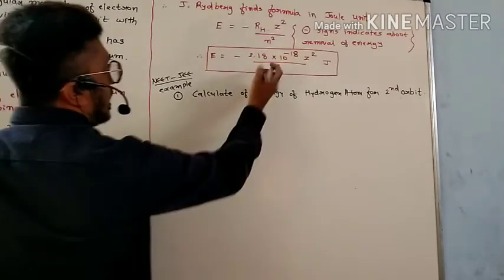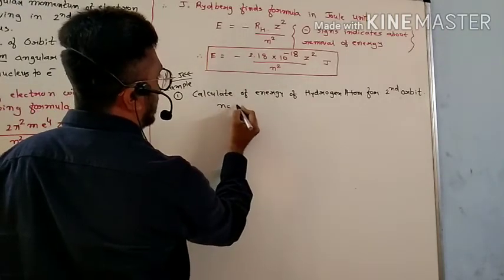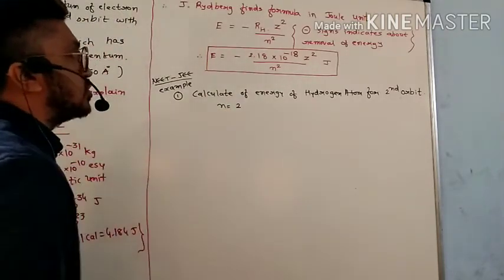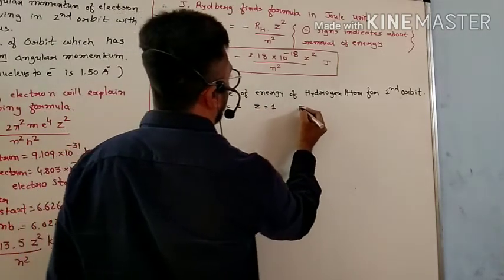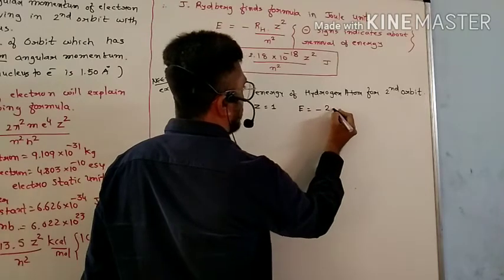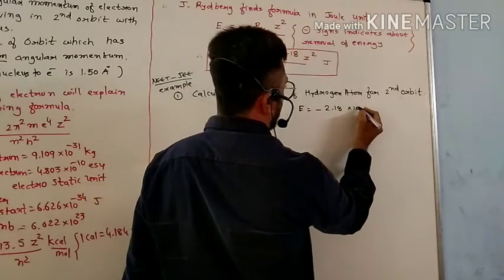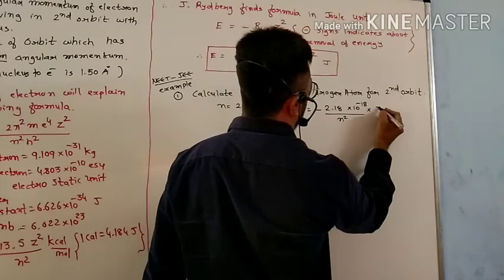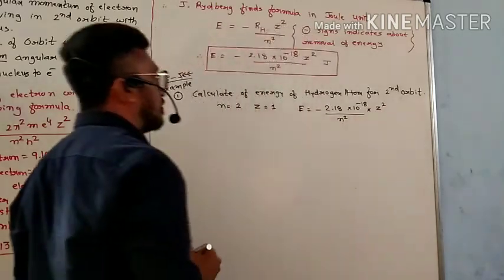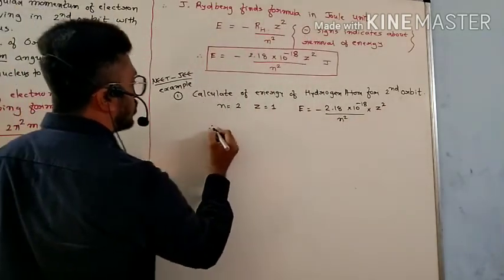Just see, n is equal to second orbit means n is equal to 2. For a hydrogen atom, Z is equal to 1. We will use 2.18 into 10 raised to minus 18 divided by n square, and right now it is in Z square, so we will multiply by Z square.